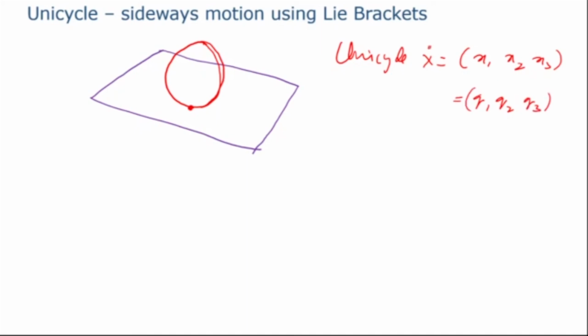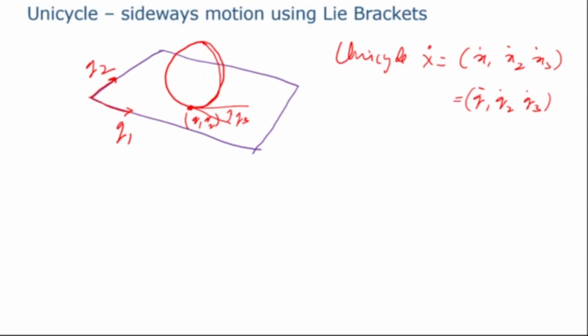Now in terms of velocities, I can simply put a dot there indicating that I can also find the velocity. In this particular case, let us write down the frame of reference. This is q1, that is q2. So at the contact point it is q1, q2, and it is pointing in this direction, so that is my q3. So x, y is the position of this point, and theta is the steering angle.